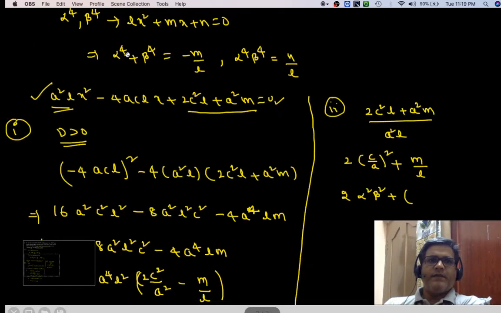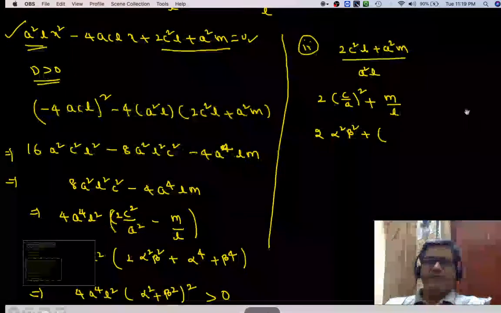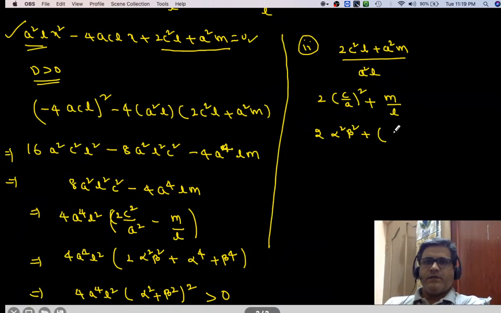Minus of m by L is minus of alpha power 4 plus beta power 4, that is plus of minus of alpha power 4 plus beta power 4. So this is 2 alpha square beta square minus alpha power 4 minus beta power 4.